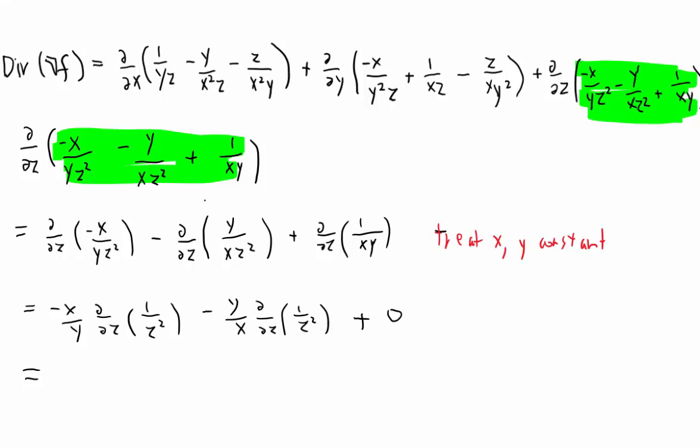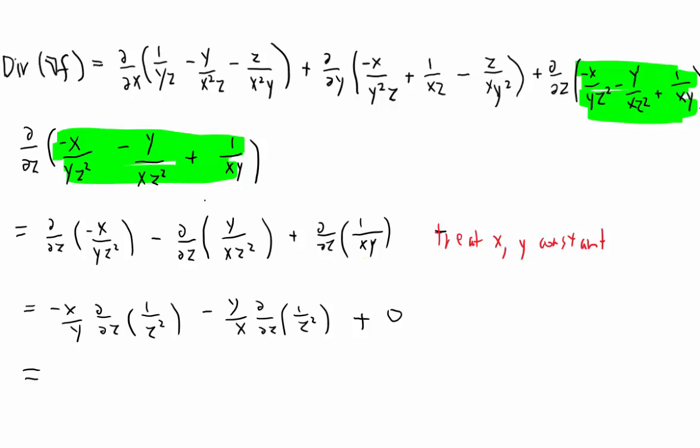As for the third term, the partial derivative with respect to z of the third bracket, we split into three terms and keep x and y constant. For the first term, you pull out x and y, so you end up differentiating 1 over z squared. For the second term, pull out y and x, and you end up differentiating 1 over z squared with respect to z. For the third term you get 0 since x and y are considered constant.